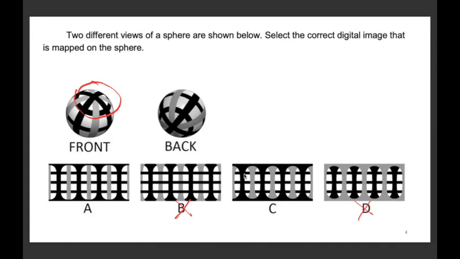Between A and C, which have this black edge here and here, we'll observe what is the difference in them. The difference in them is this much part.